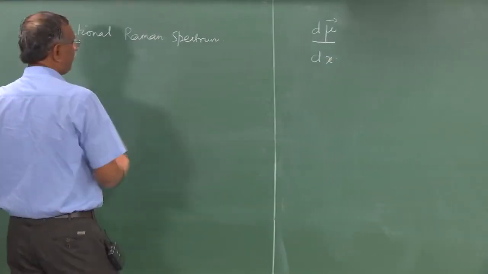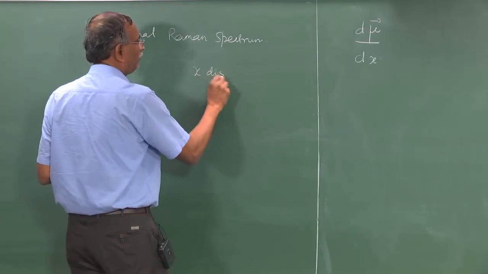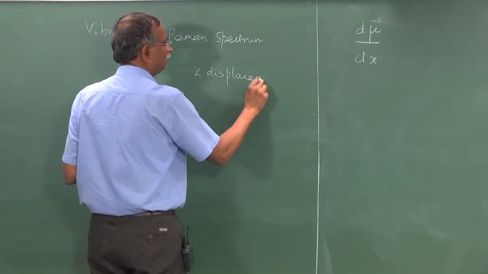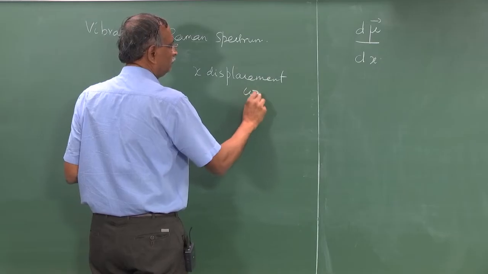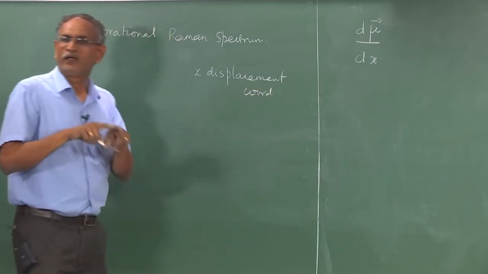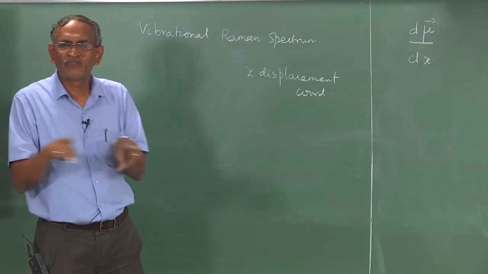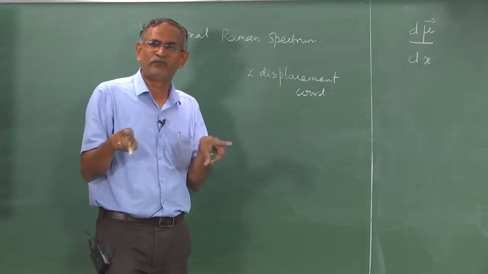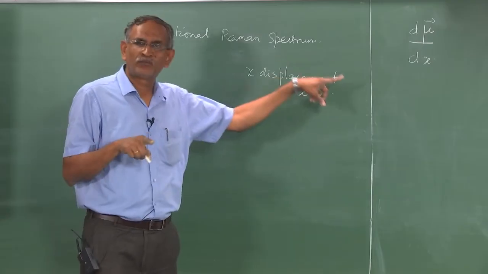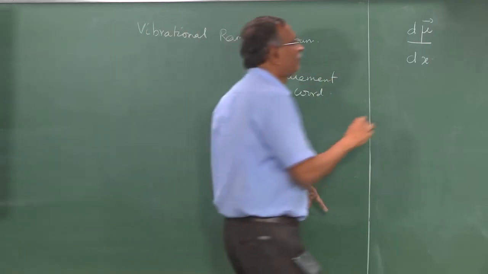So, suppose x is the displacement coordinate, and during that displacement the dipole moment changes. It is the rate of change of the dipole moment with respect to displacement that is responsible.